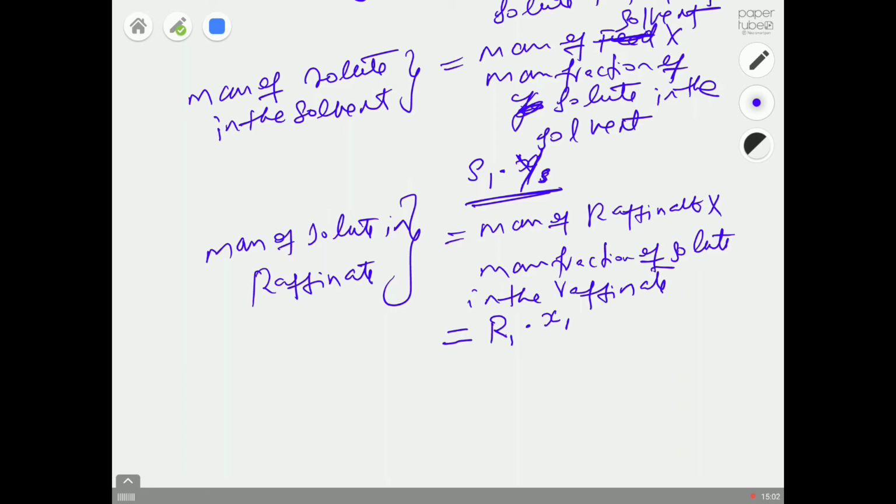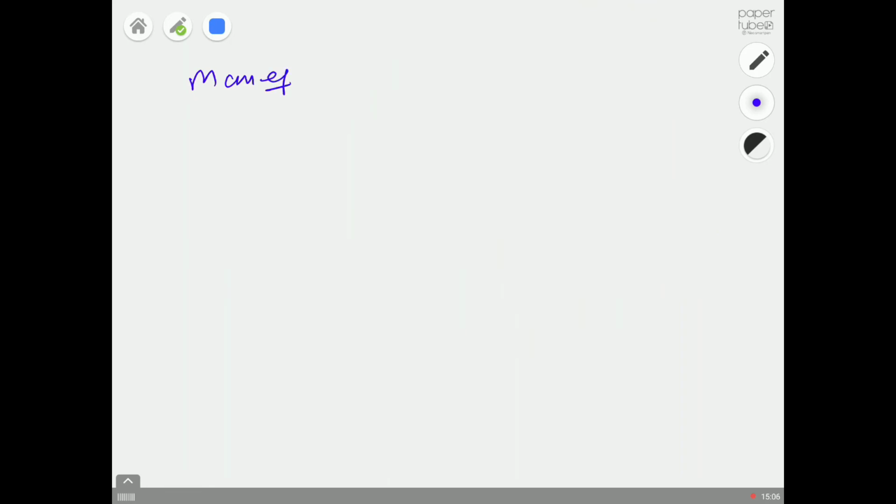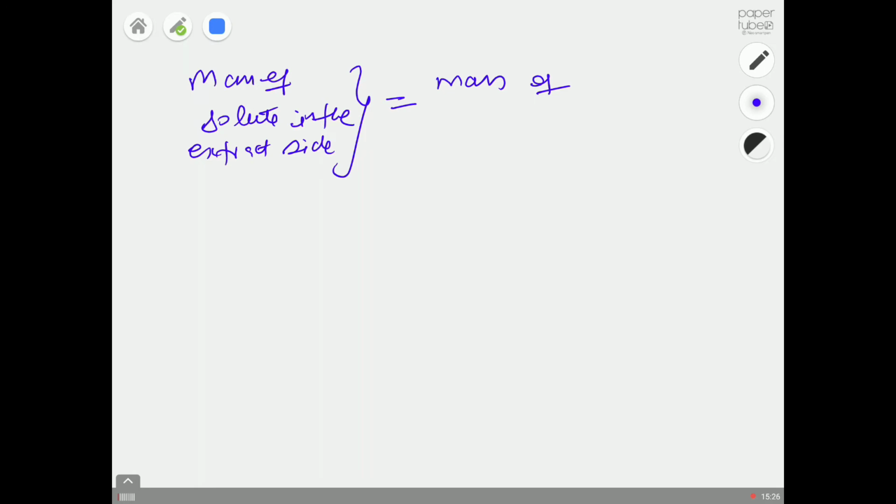Mass of solute in the extract side. I know I'm going very slowly, but it's okay, because we're going to solve a big problem at the end of this tutorial or lecture. At that time you should know what we are talking about. I don't want to finish the module quickly so that you learn nothing; that's a horrible idea.